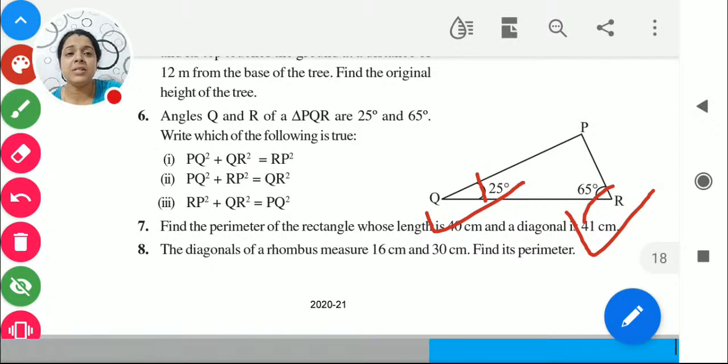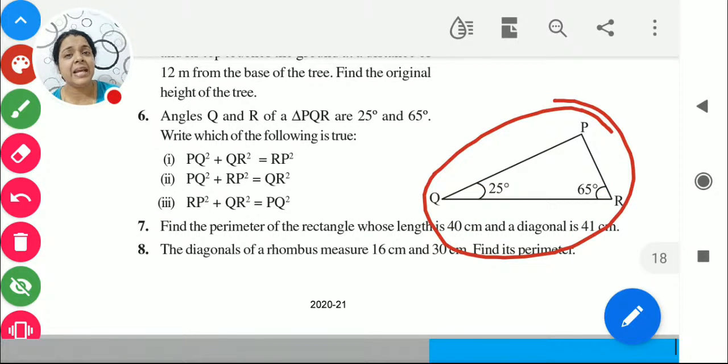How can you say which one is correct? To find it out, why don't we find the third angle first? As you know, the total sum is equal to 180 degree.